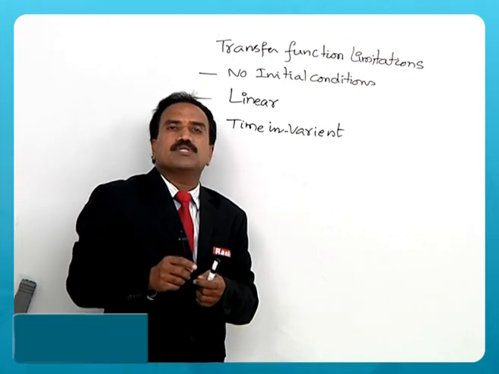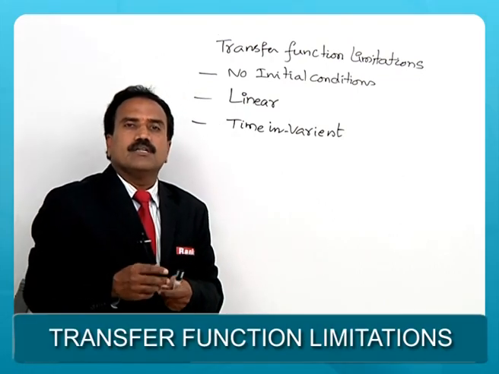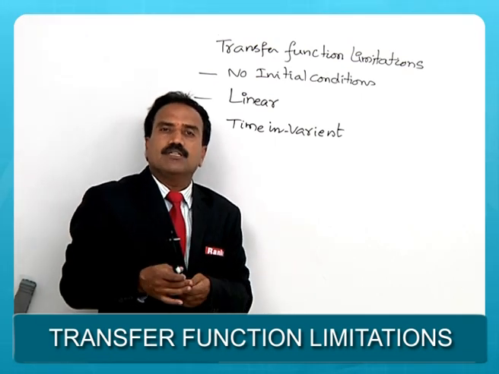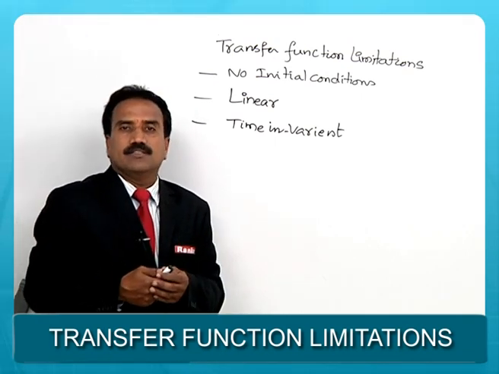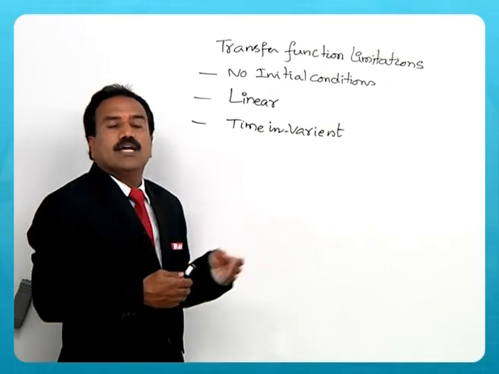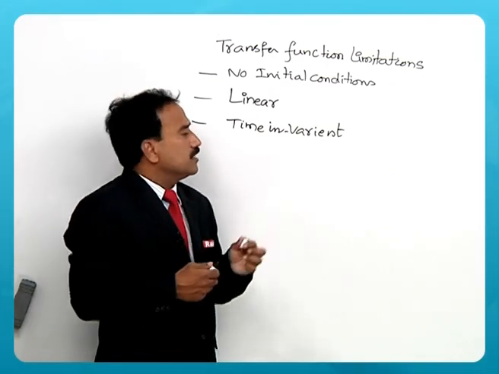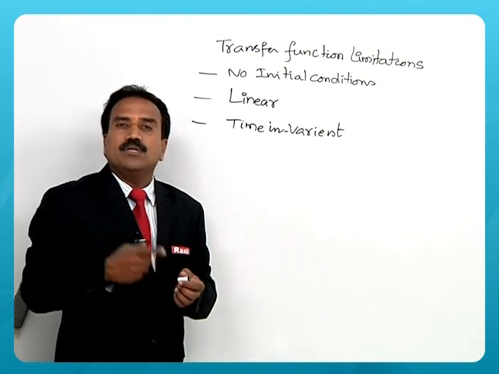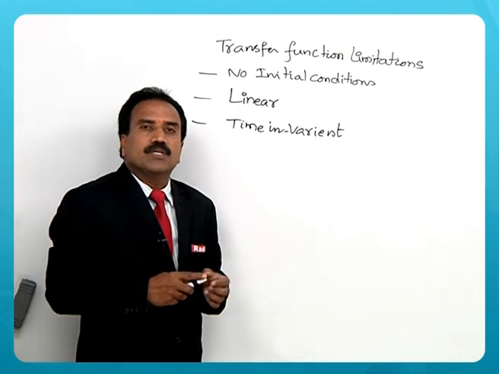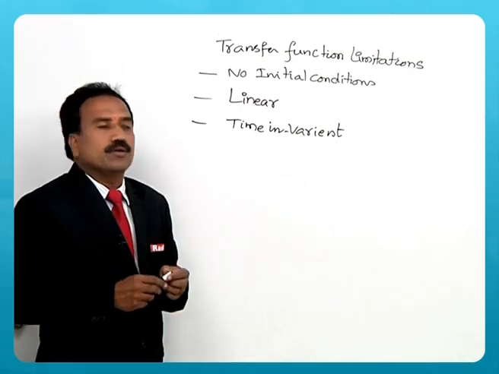When the current flows through the armature resistance, that resistance of the armature varies because of the temperature. The resistance is not constant, but still we consider armature resistance is constant for our analysis, and that is nothing but time invariant. Though it is varying, we consider it as a time invariant system because that variation we ignore.